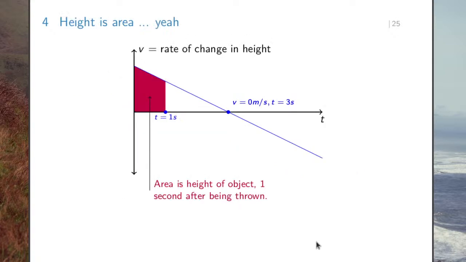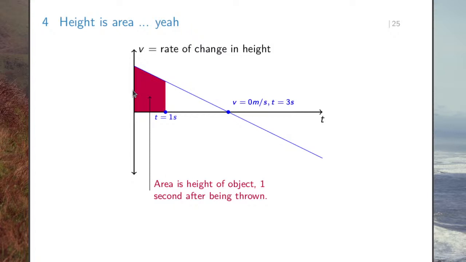Just like we did with acceleration and velocity, we're going to treat the area between the curve and the axis as the accumulation. Because this is now the velocity curve, the area that's accumulating is height. Remember, it's the accumulation of stuff that's changing.